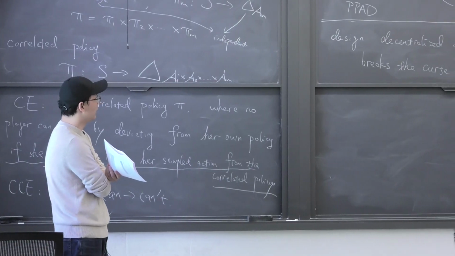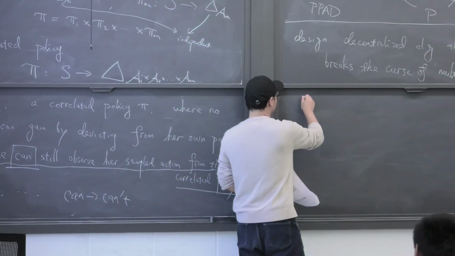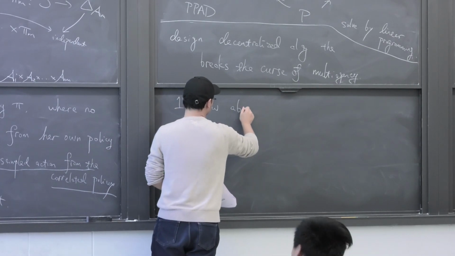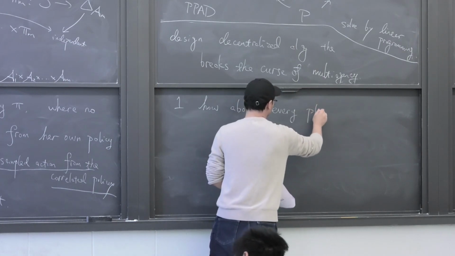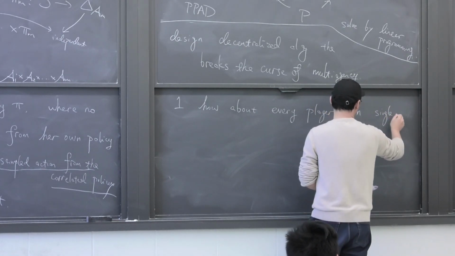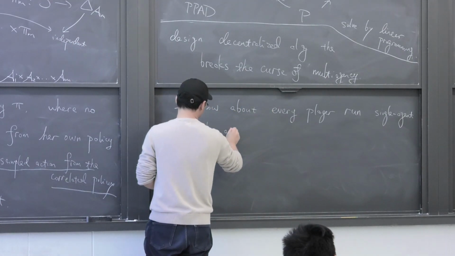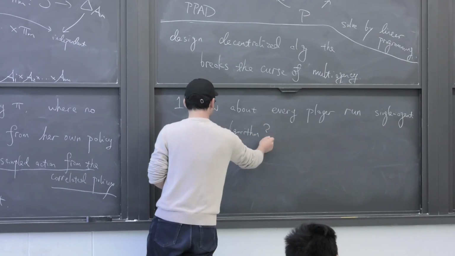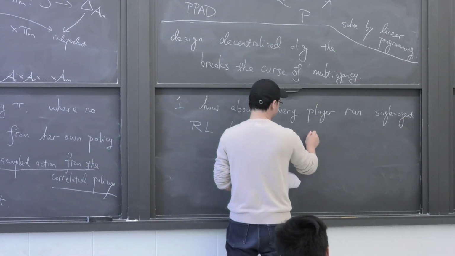The first thing we might think of is, why not just have every player run a single-agent algorithm? For example, we can run value iteration or Q-learning. Let's say we do independent Q-learning.